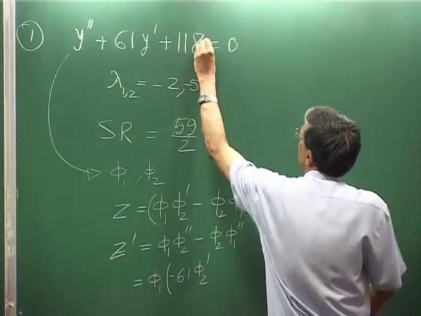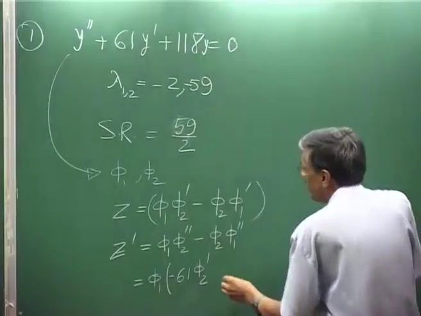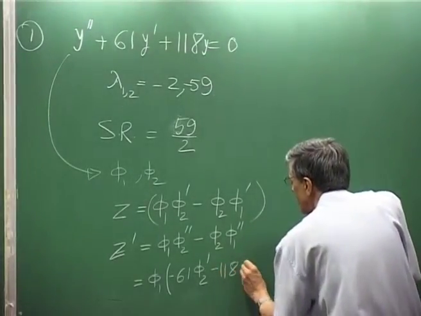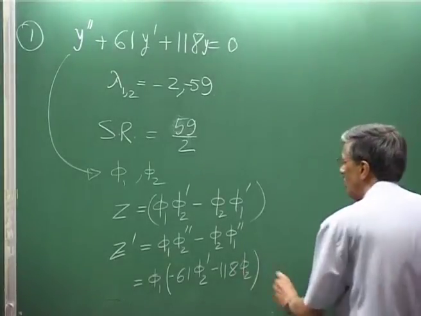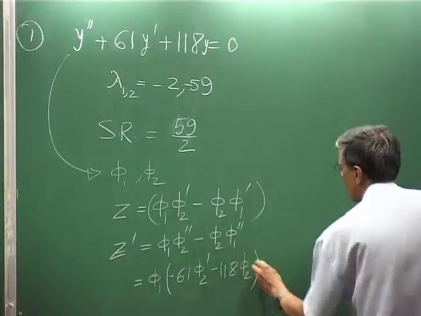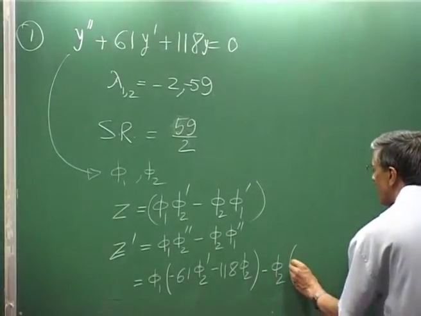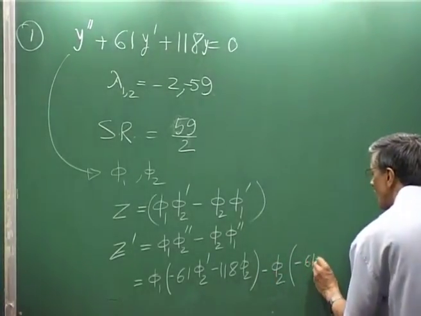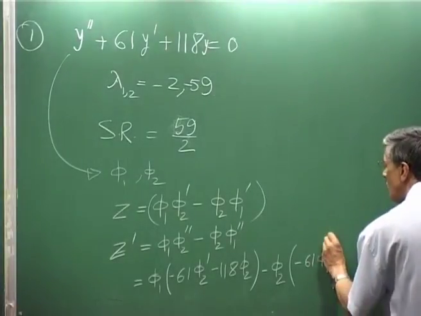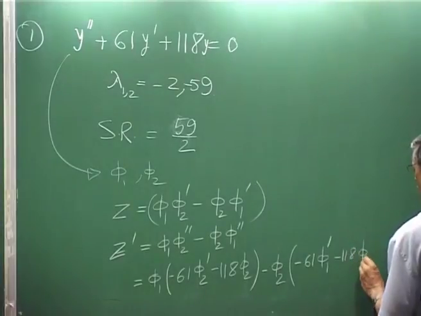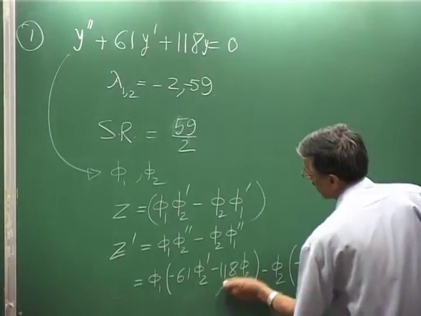I think there is a y here, right. I missed it. Minus 118 phi 2, and from here phi 2, same thing. You can see that this will cancel out.